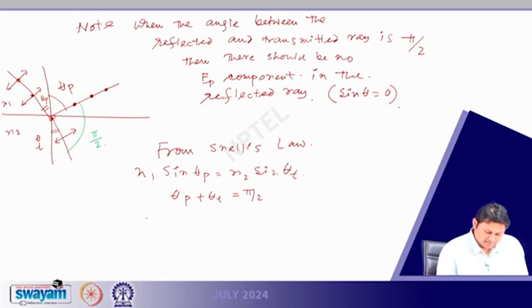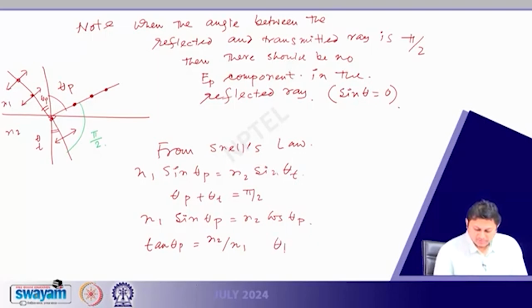Then N1 sin theta p will be N2 cos theta p, or tan theta p gives N2 divided by N1, so theta p is tan inverse of N2 by N1.